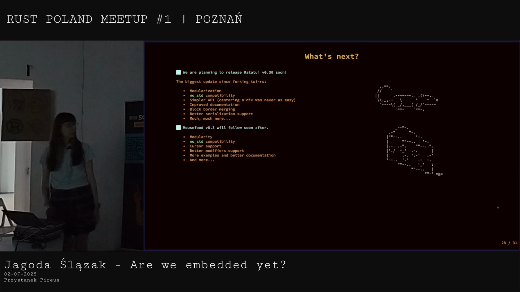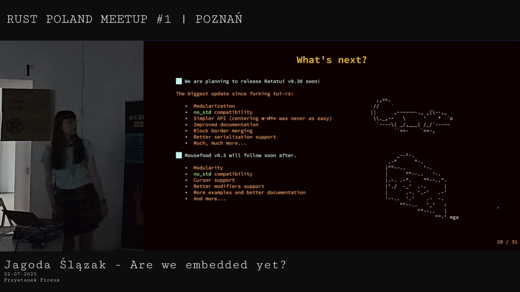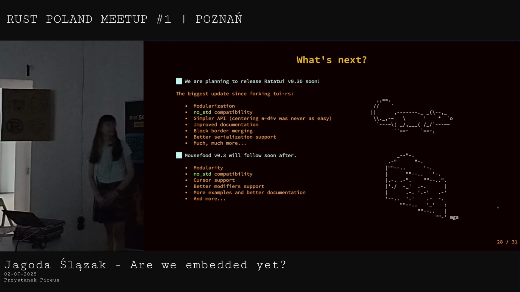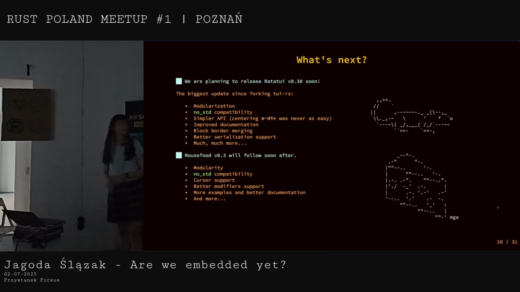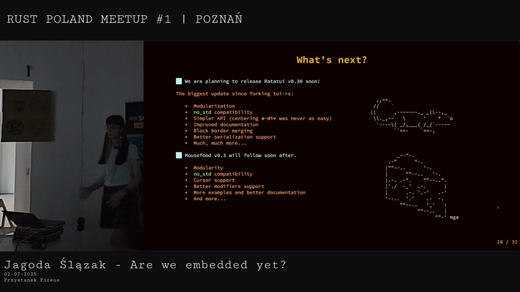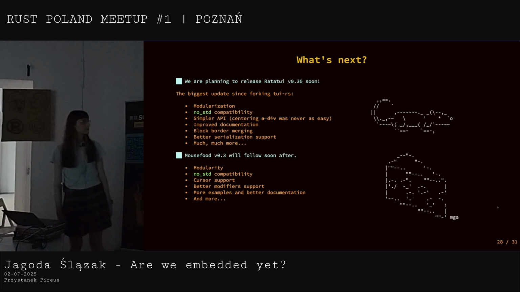And what's next? We are releasing Ratatouille 0.30 soon, and Mousefood will follow soon after. And it's going to be a pretty large update with modularization, because we are breaking the single Ratatouille crate into Ratatouille core, widgets, and all the backend integrations with different terminal manipulation libraries will be different crates, and so on.